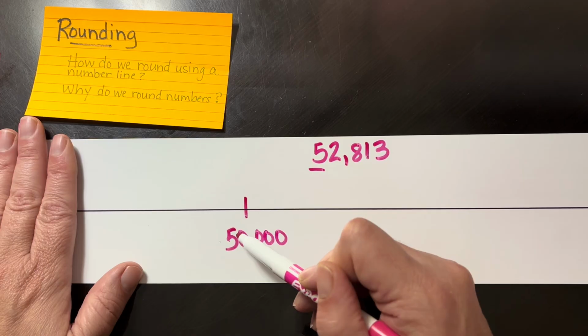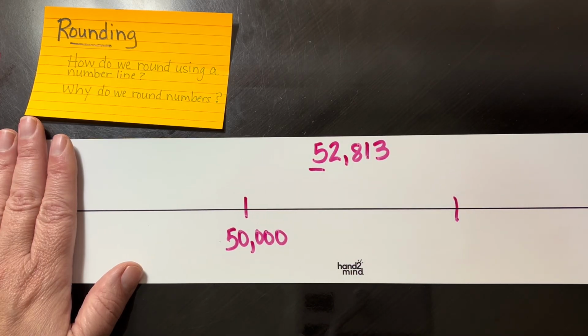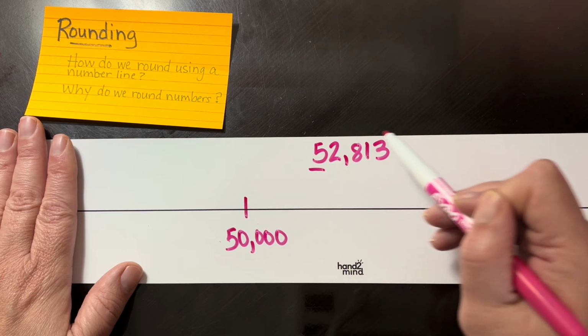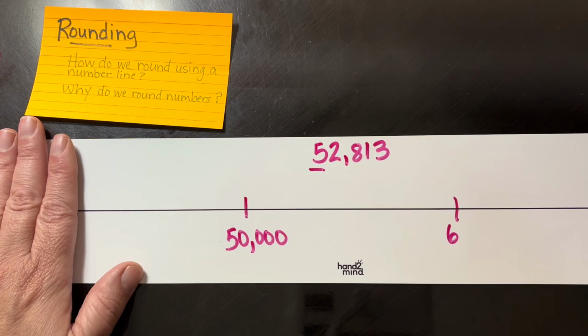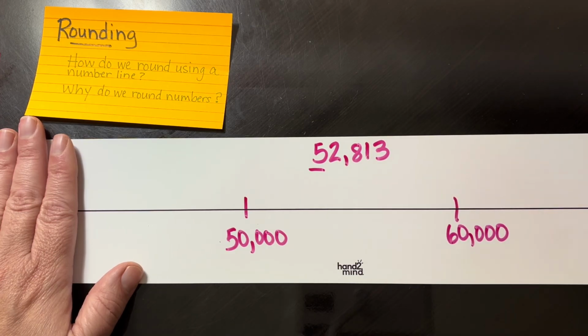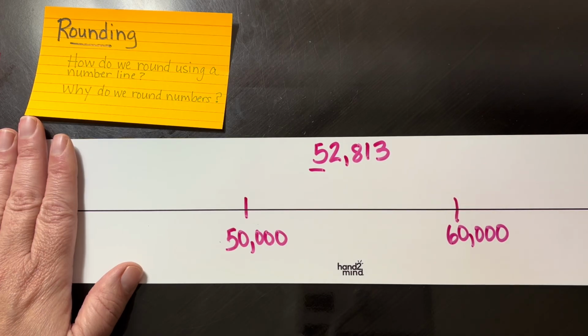If I'm rounding to the nearest 10,000, I would make a leap of 10,000. 10,000 more than 50,000. Or easier, if I have 5 10,000s and I make a leap to the next, I would have 6 10,000s, giving me 60,000. I'm rounding the numbers that are not the place value I'm targeting to nice round zeros.